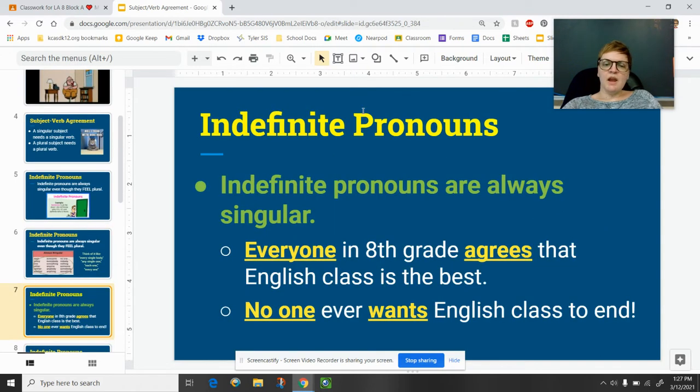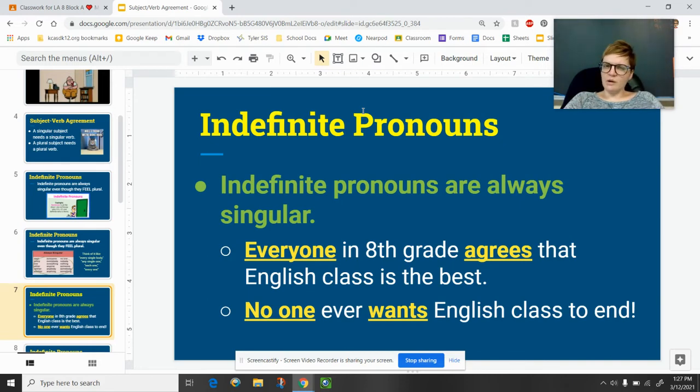Losing my mouse here. Here's a couple examples. Everyone in 8th grade agrees that English class is the best. So even though we're talking about the entire 8th grade class, we want to use agrees, which is a singular verb. So everyone agrees. If you say it like that, you probably wouldn't say everyone agree that English class is the best.